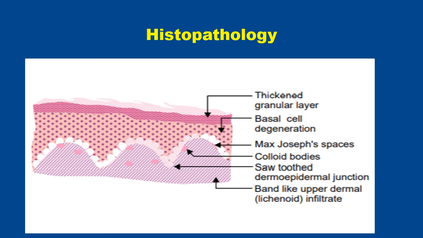There is degeneration of the basal cell layer, which creates the Max-Joseph spaces in the lowermost layer of the epidermis. There are colloid bodies which are seen in the upper part of the dermis. There is sawtoothing of the dermoepidermal junction. And there is a band-like upper dermal infiltrate which is considered classical for Lichen planus and is known by the name lichenoid infiltrate.